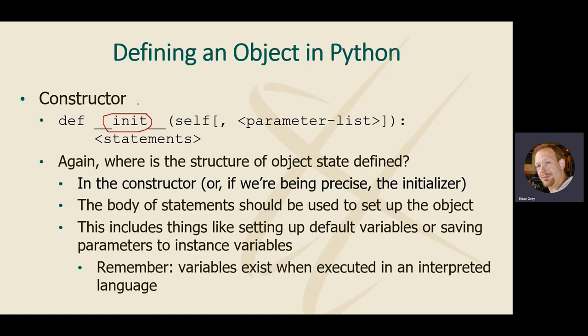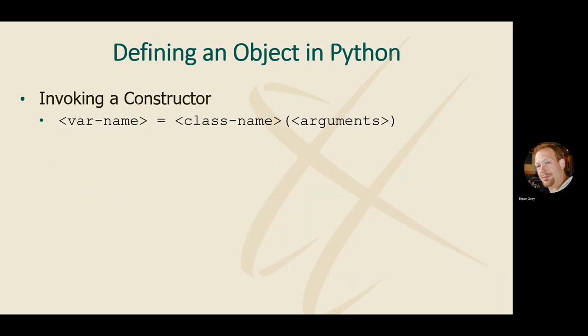So this is how we define our constructor internally, and we already saw a clue of this. How do we use our constructor? We give a variable name. We say equals. We give a class name.